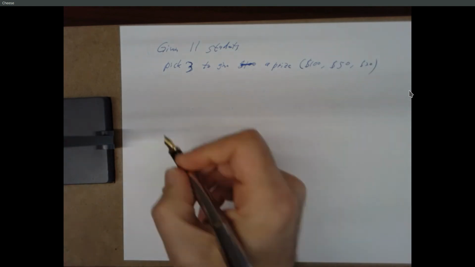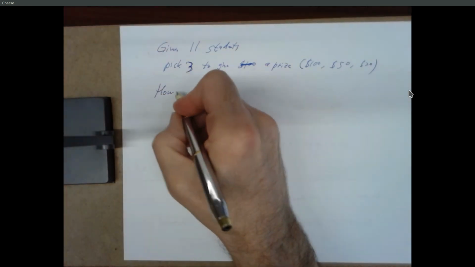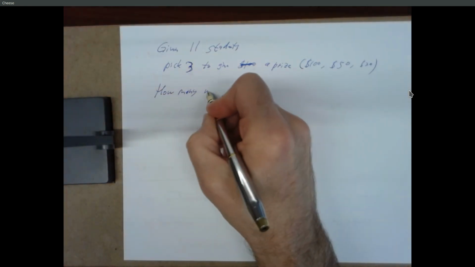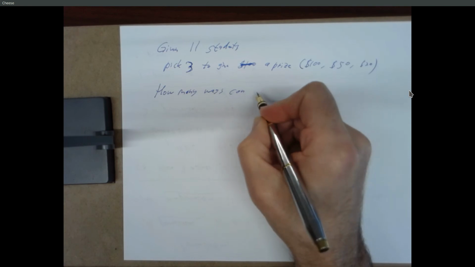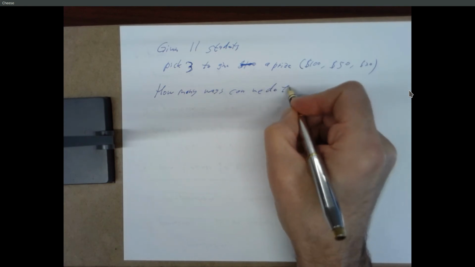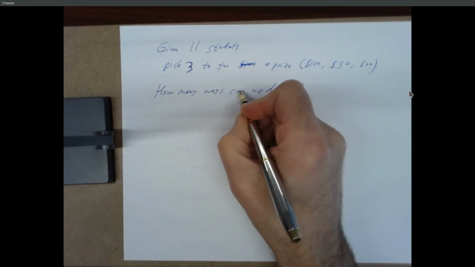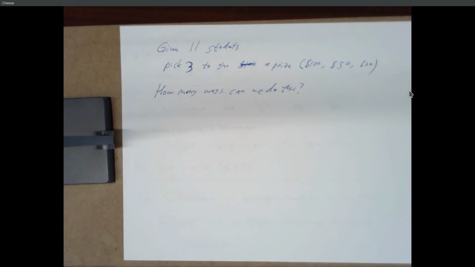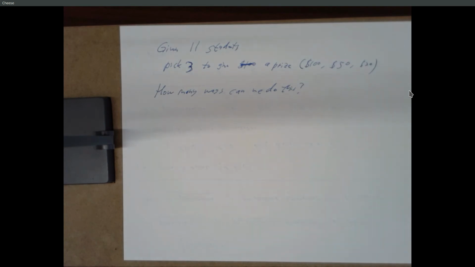Okay, how many ways can we do this? How many ways can we pick 3 students out of 11 to give this set of prizes to? We can think of this in terms of permutations as how many ways can we select 3 students from this group of 11 and place them in a particular order?